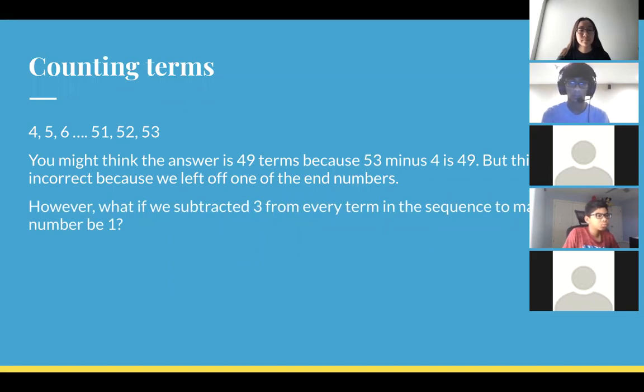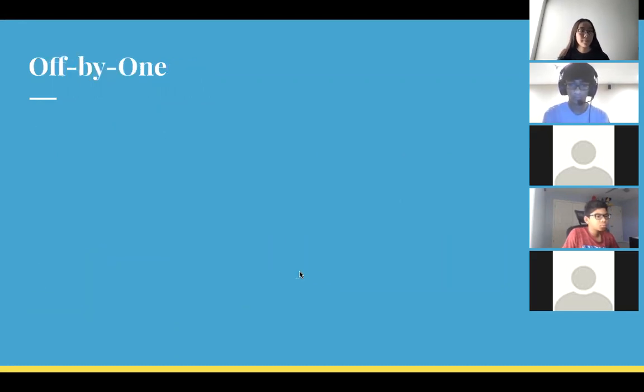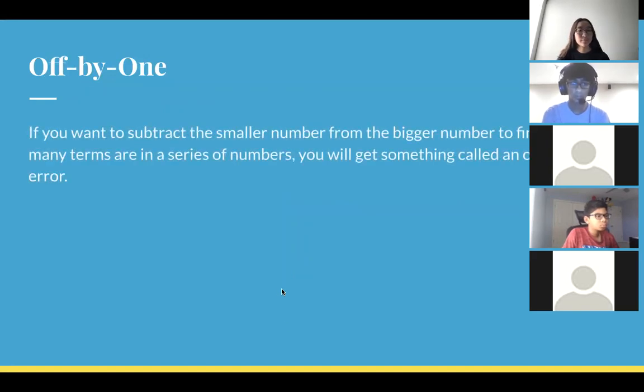A trick you could have used here is to subtract 3 from every term, and you would have gotten the sequence 1, 2, 3, 4, 5, all the way until 50. And you could have seen that there were 50 terms. This is known as an off by 1 error.